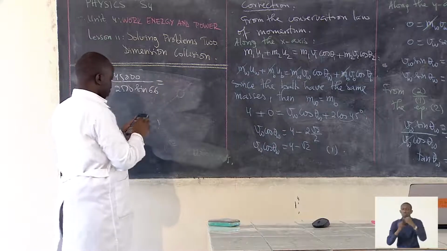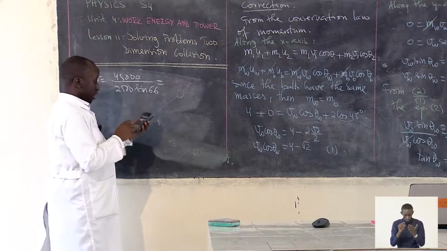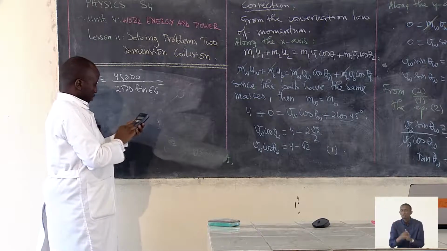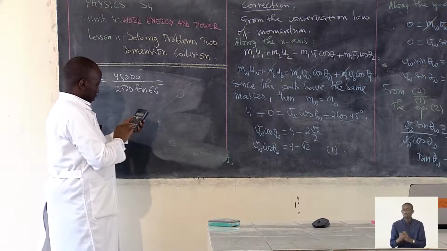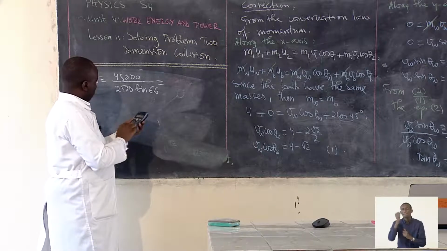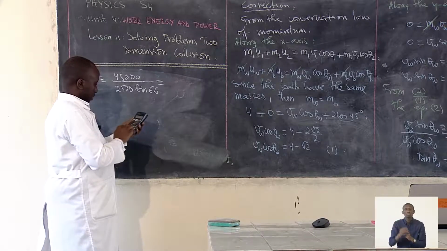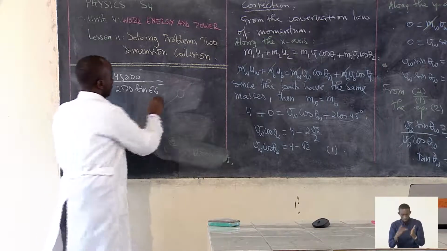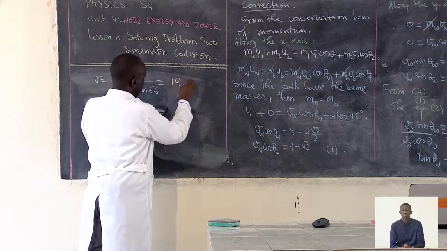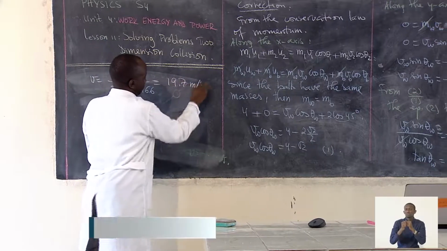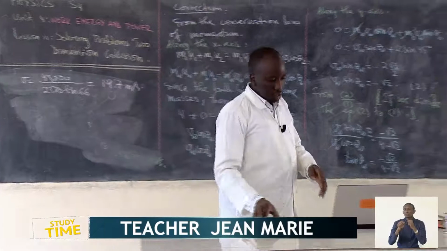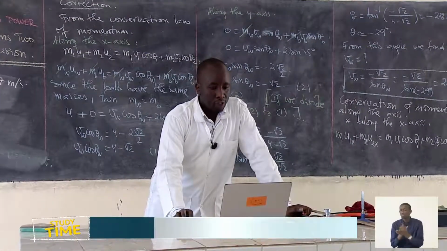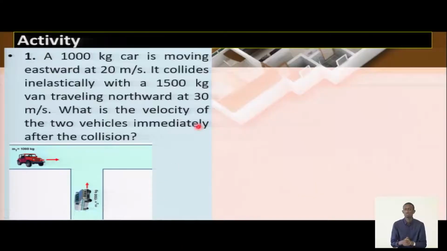And when we substitute this into your calculator, what do you find? We find 45 over 2.5 sine 66, and then we find this is 19.7 meters per second.